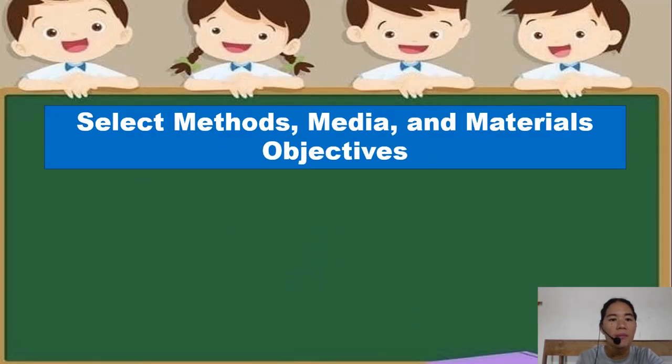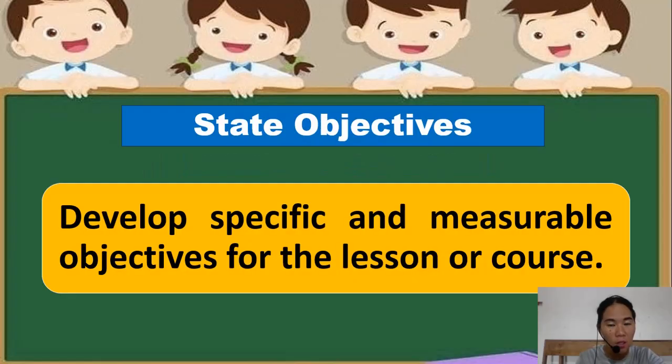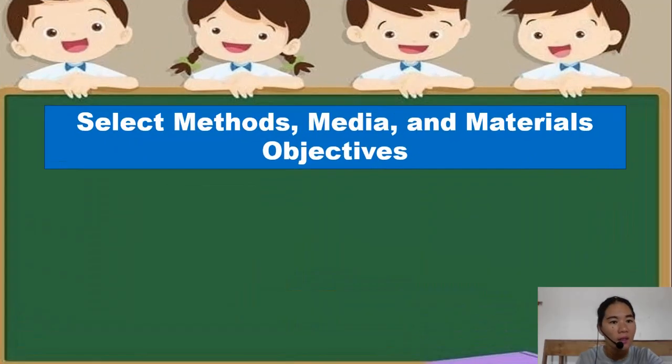Next, we have select methods, media, and materials. Of course, right after we analyze what type of learners we're going to teach, and we're done with the second step, state objectives, this time we are going to select the best methods that we're going to use.